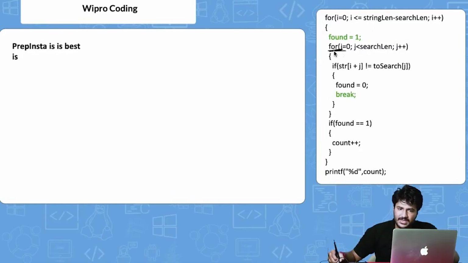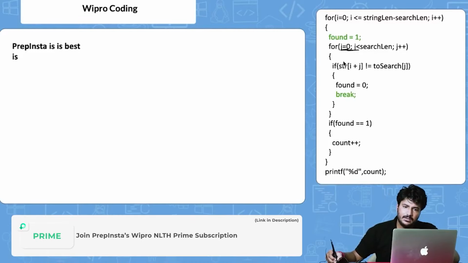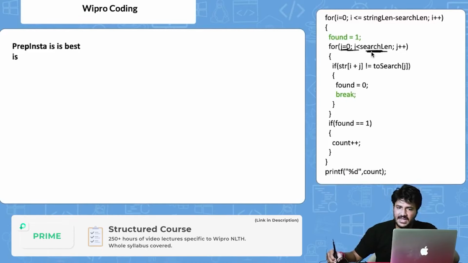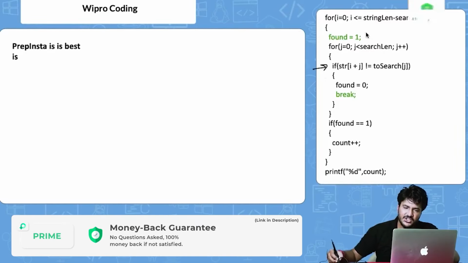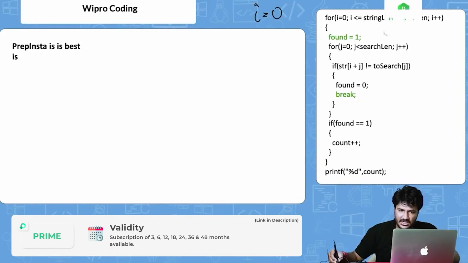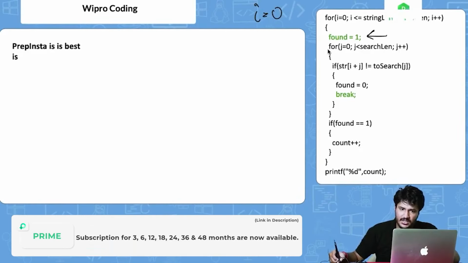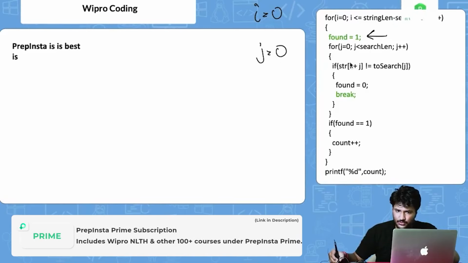So just telling you that initially we are saying, okay, we have found it. Now we are assigning j equals 0 and running it till search length, that is 2. So this is the condition. First, initially the i value is 0. Now the loop starts, we initialize found equals 1. Now we come inside this loop, we also have j equals 0 here.